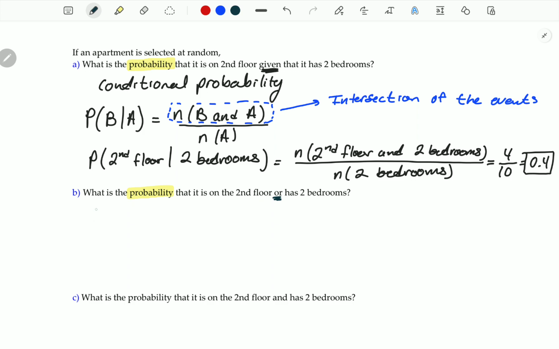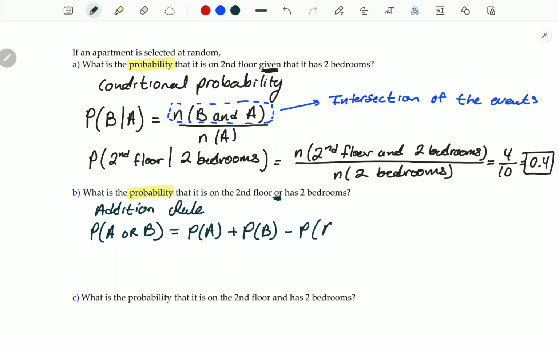So the probability of event A or event B happening equals the probability of event A plus the probability of event B minus the probability of the intersection between event A and event B. I want to reference that this part right here is going to be the intersection of the events. However, this part is to find the probability.